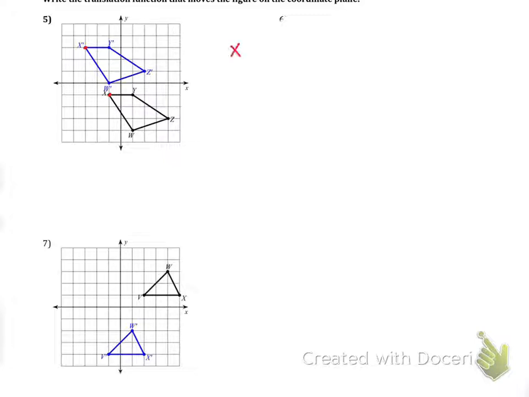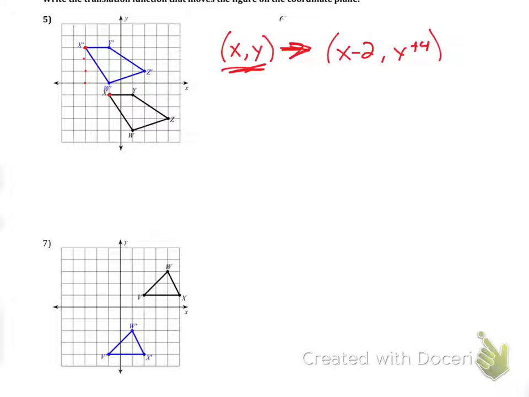So what I could do is start writing my translation. So this is just your pre-image right here. The pre-image transforms into, and then how does it transform? It says that the x has to go to the left 2. So it's going to be x minus 2. And then what happens with the y's? It goes plus 1, plus 2, plus 3, plus 4. So y plus 4. And that's all you have to do.